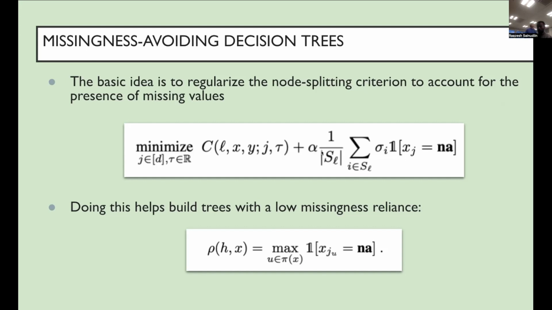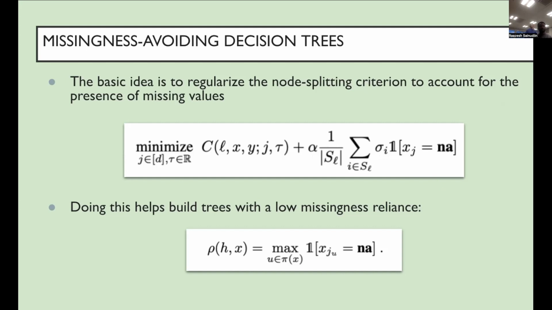Here we just have a summation of whether the values were missing or not, and we multiply it with a hyperparameter alpha. And this sigma I is to account for the case where you also want to train a random forest. You could also tune this in some way. This helps us build trees with a low missingness reliance.